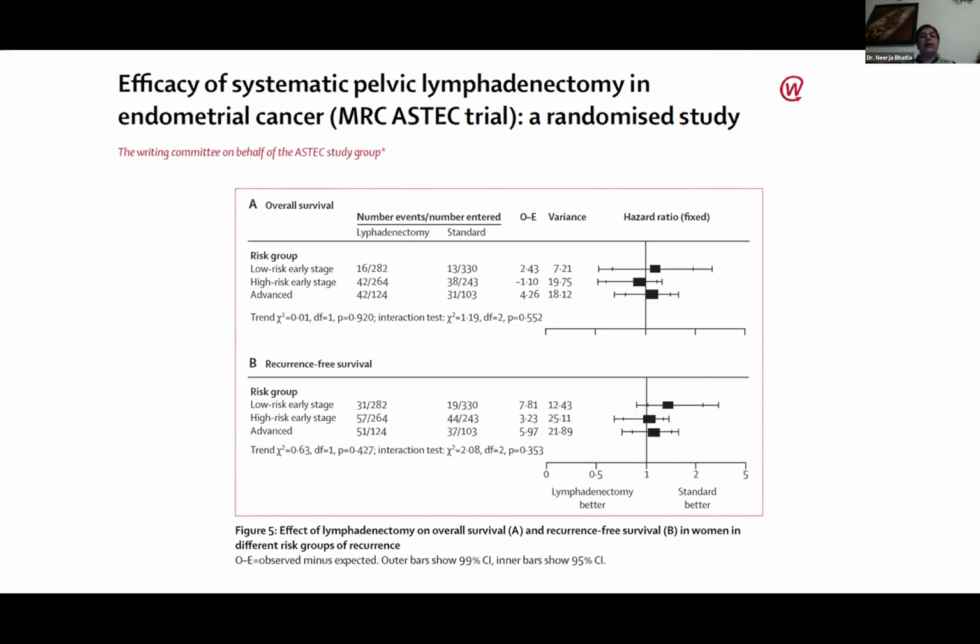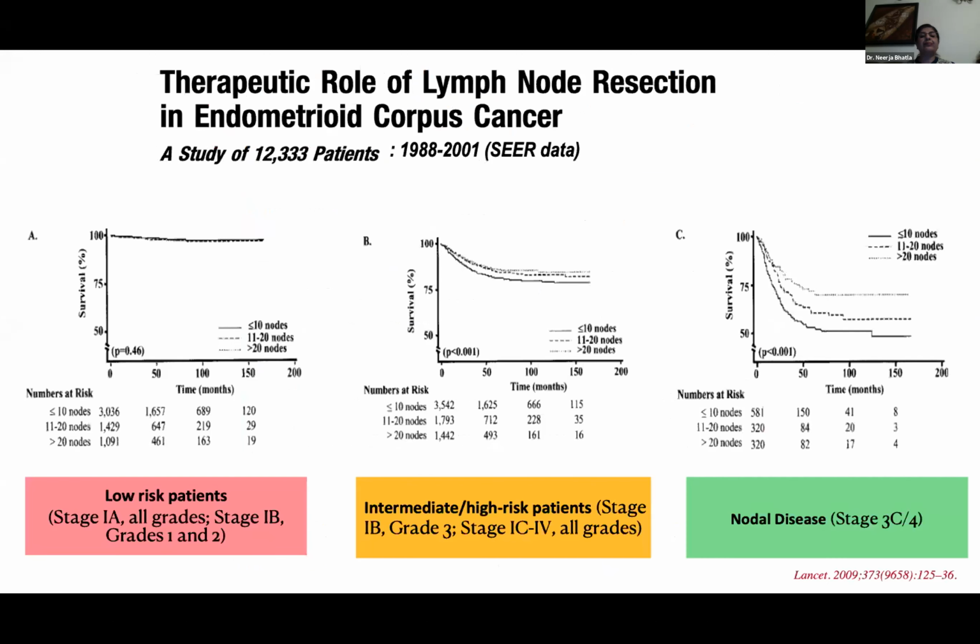This is again just showing the forest plot regarding the efficacy, and you see that the overall survival definitely favors this standard treatment. The recurrence-free survival as well. By standard treatment, we mean the hysterectomy, bilateral salpingo-oophorectomy. Next slide, please. And this was a wonderful analysis of the SEER data, 12,000 plus patients, which was looked at.